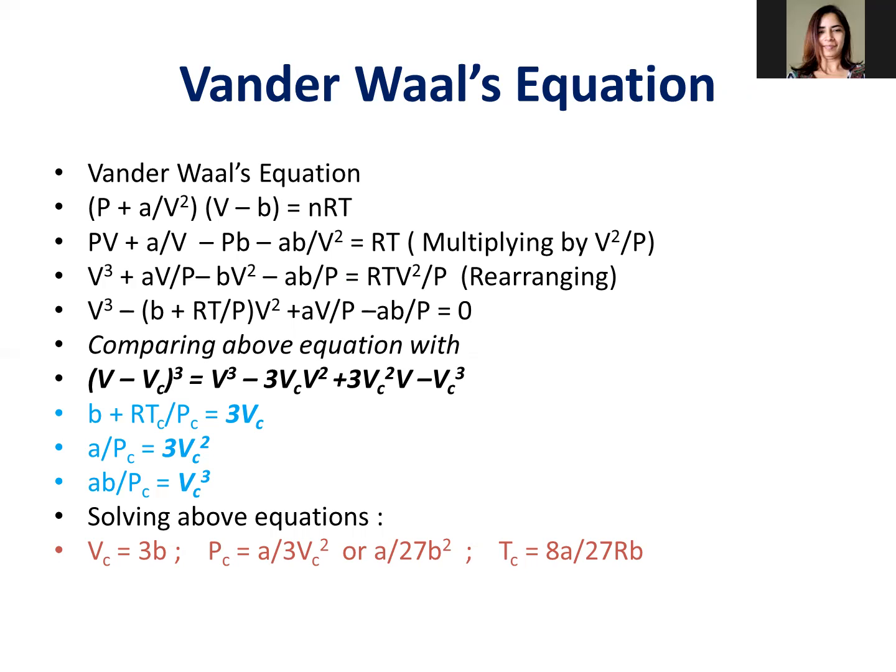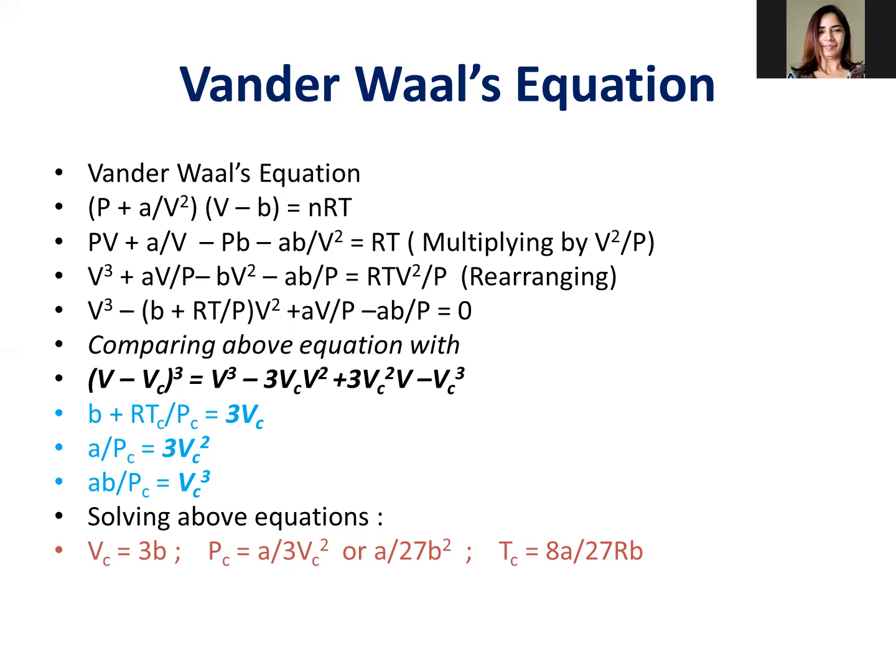Comparing this equation to a cubic equation, V minus Vc cubed, and comparing the coefficients of V cubed, V square and V, we get these values, and on solving them, we get the values of Vc, Pc, and Tc in terms of a and b, where a and b are van der Waals constants.